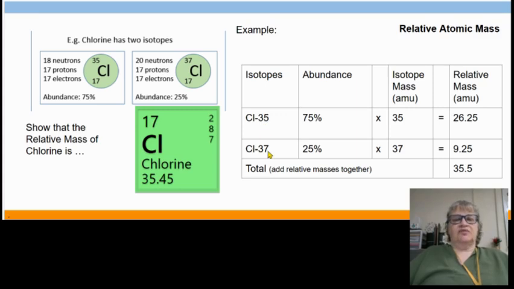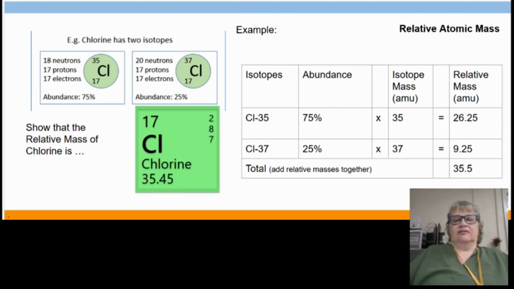I'm going to do the same thing with the chlorine 37, multiply that by 25%, and I get 9.25. If I add them together, I get 35.5. If you look at it, 35.45 and 35.5 is pretty close.